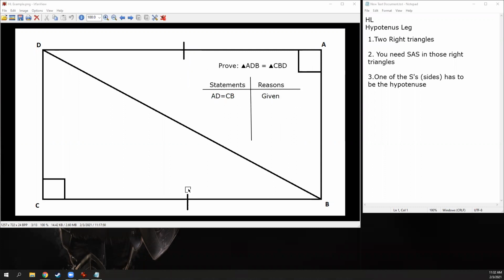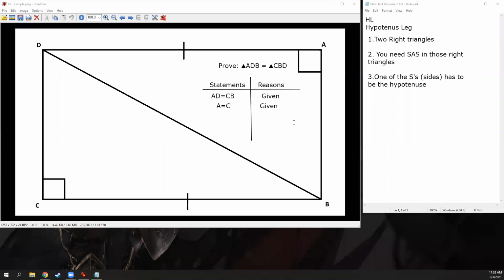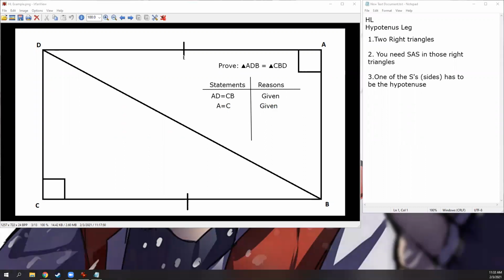I mean, that was already marked on the picture. And then we know angle A. I said I wasn't going to do a proof, sorry. I'm doing a proof. I don't have the symbol for angle. You'll see on the quiz the symbol for angle, but I don't have it here, which is really unfortunate. But angle A equals angle C because, well, that was also given to us for the most part. So we got a side and an angle.